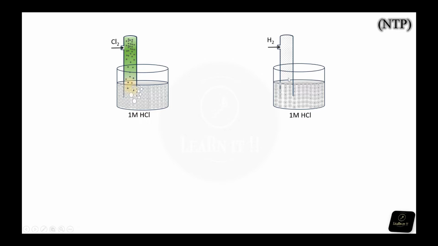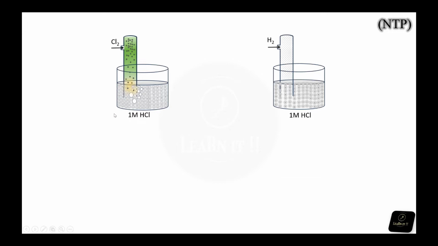In the same way, hydrogen is also filled in an inverted tube at 1 atmospheric pressure. Both the solutions contain 1 M HCl. Here we are considering the Cl minus, and here we are considering the H plus. The reaction can only take place at the junction of this gas and this liquid.